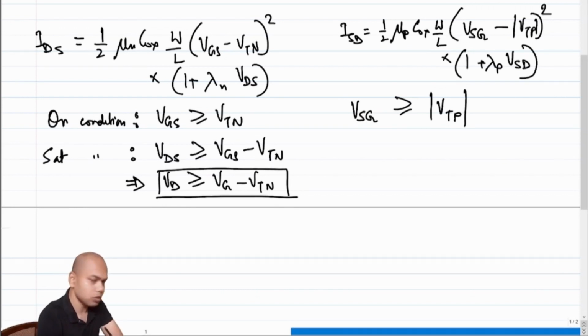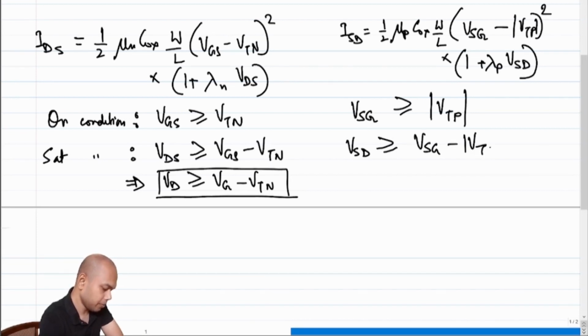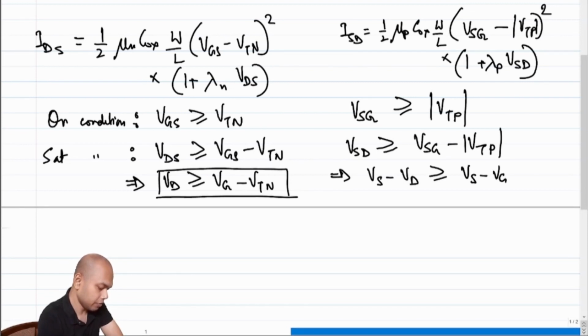So if we just use that understanding, we should write it as VSD should be greater than or equal to VSG minus mod of VTP, which essentially means that Vs minus Vd should be greater than Vs minus Vg minus mod of VTP, right?